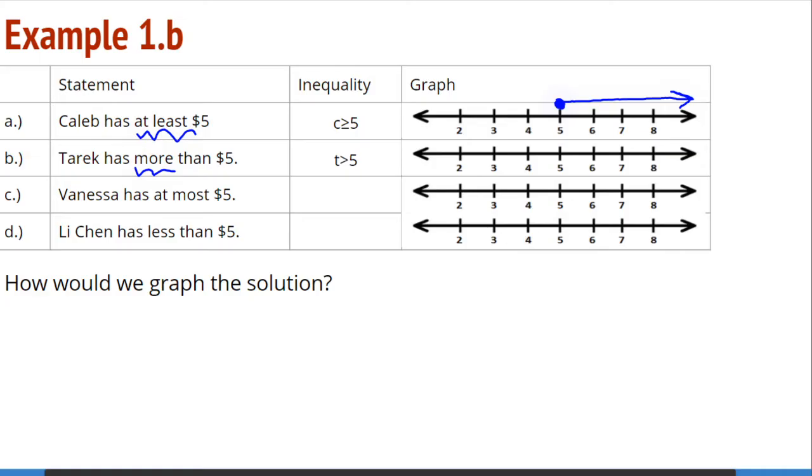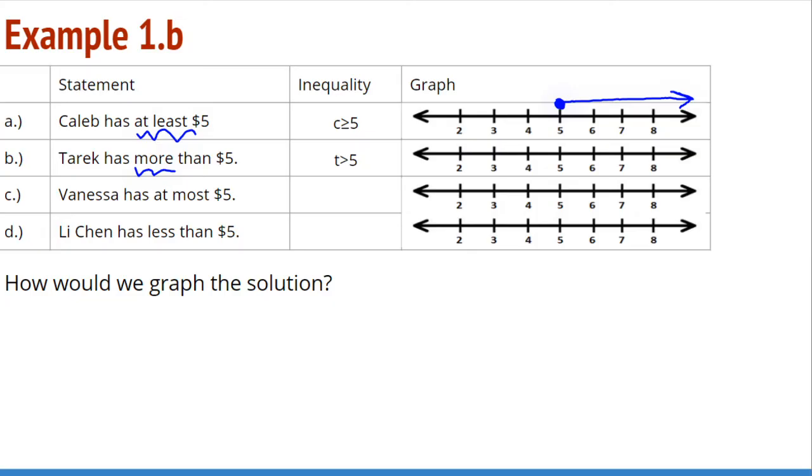How would I graph the solution? 5 is not possible, but I'm going to start my line there. Some students would say, oh, you need to start with 6. And my only question is, what about all the numbers between 5 and 6? Could he have $5.01? Would that be more than $5?